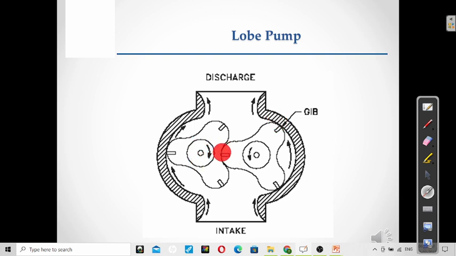If it rotates, the oil will become pressurized. This is the intake, which means the oil from the reservoir comes from here, and the output means pressurized oil from here. This is the lobe pump.